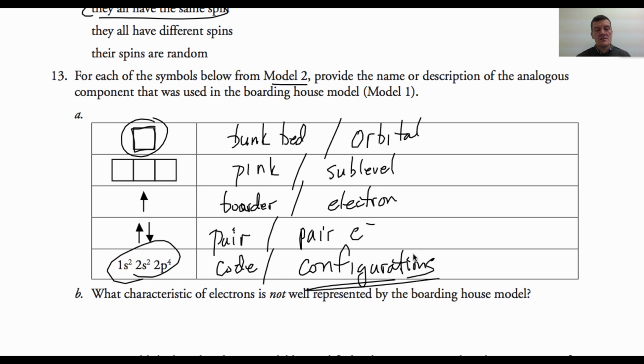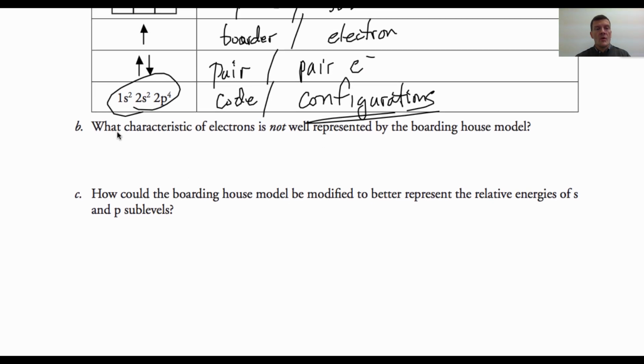Okay, configurations. What characteristic of electrons is not well represented by the boarding house model? Well, electrons we know have a charge. Okay, they are negatively charged. Also in the boarding house, you didn't show their spin.